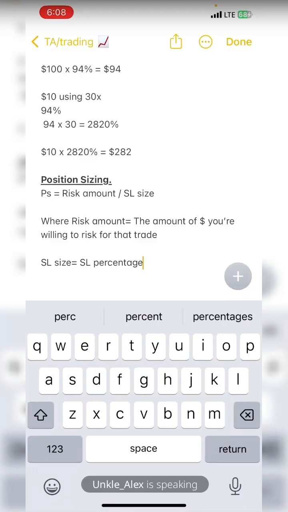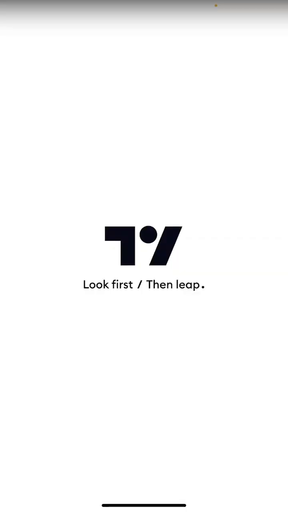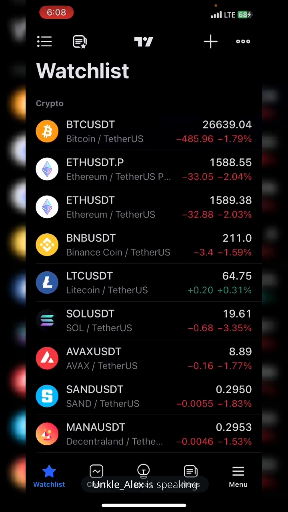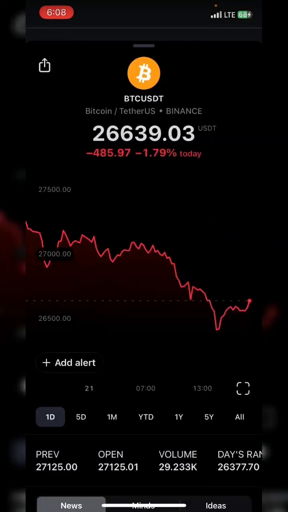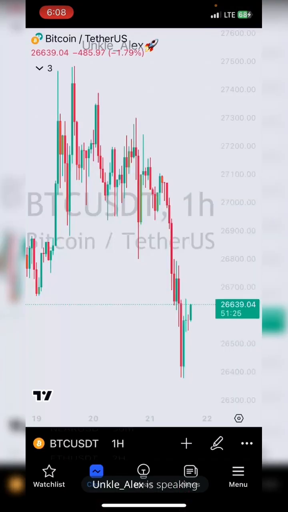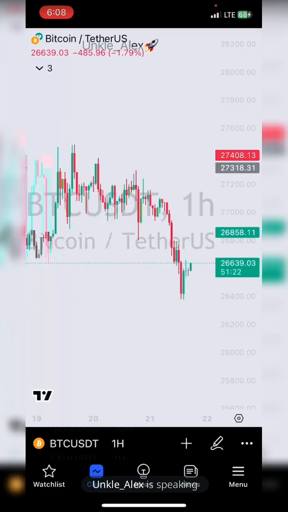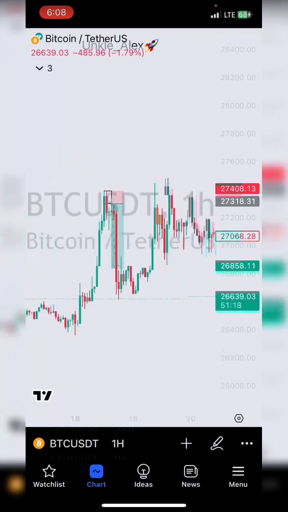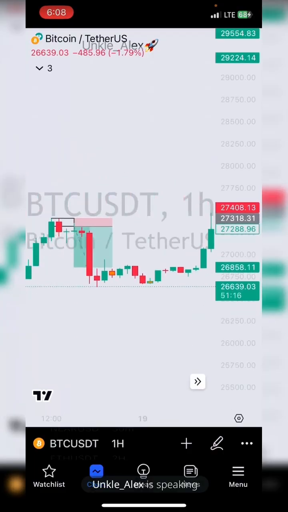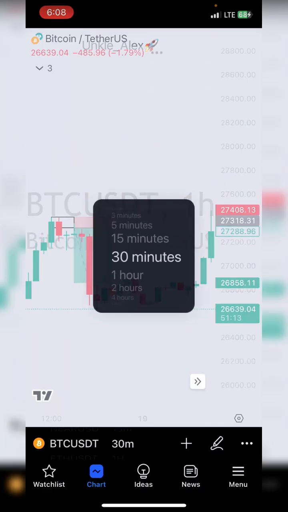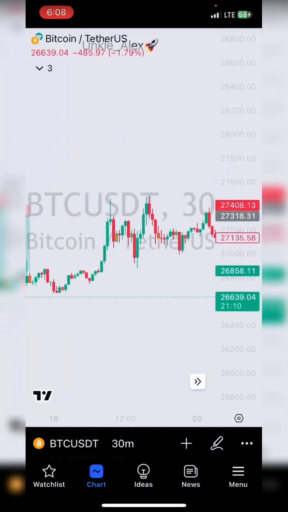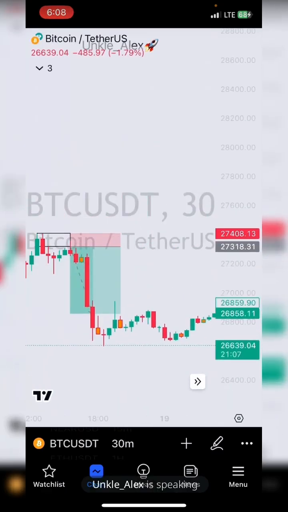Let's say you are a technical analyst. You finish analyzing the pair BTC against USDT, and you got something like this.